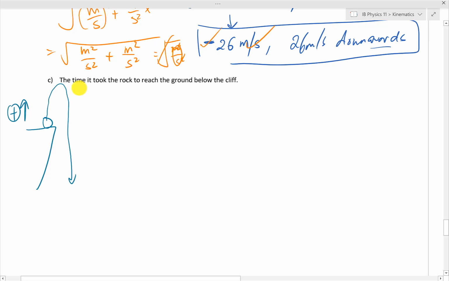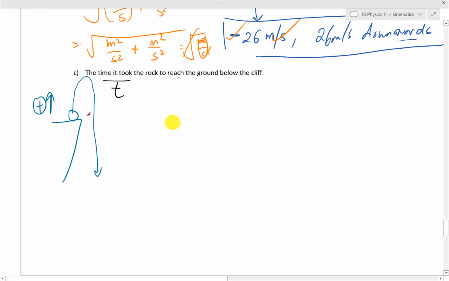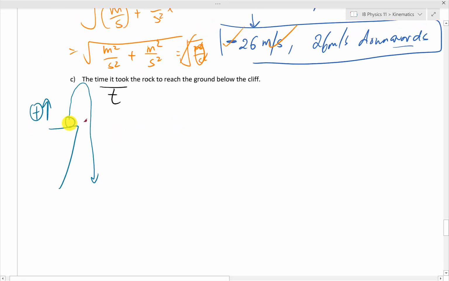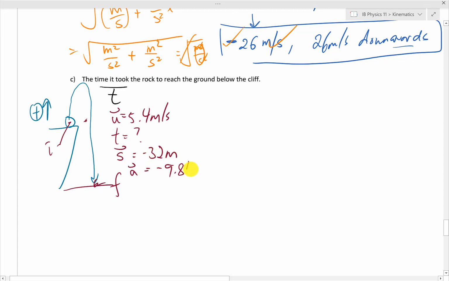We are trying to find the time in this question, not the final velocity, meaning I'm going to label this part as my initial and this one as my final, meaning that my initial velocity is 5.4 meters per second from the continuation of the last problem. I want to know the time. I know the displacement is negative 32 meters, and we always have acceleration of negative 9.81 meters per second squared.